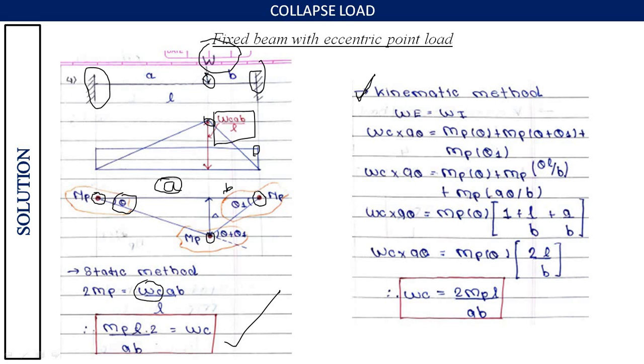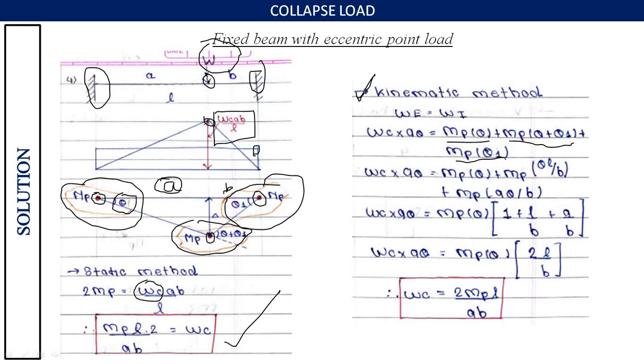Now let us see the internal work. First I have taken Mp theta, so over here Mp theta. Next I have taken Mp theta plus theta 1, so here Mp into theta plus theta 1, plus Mp theta 1, so over here Mp theta 1.